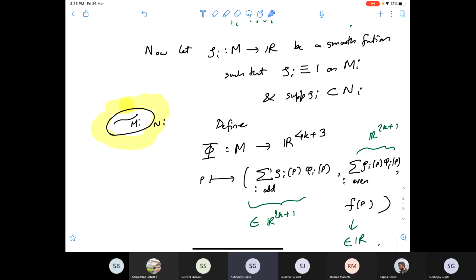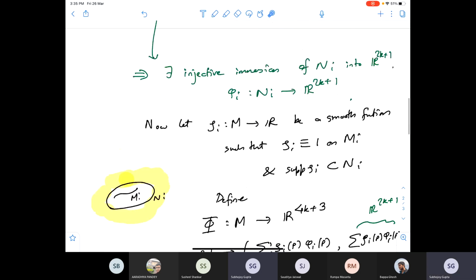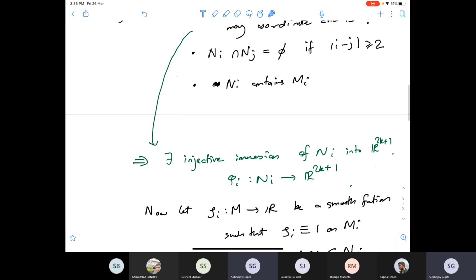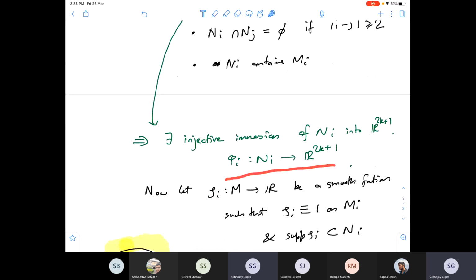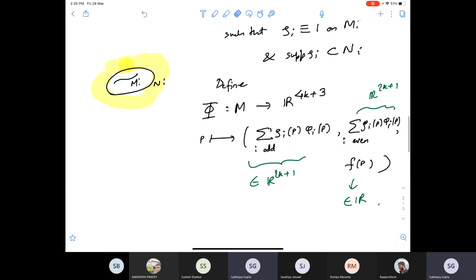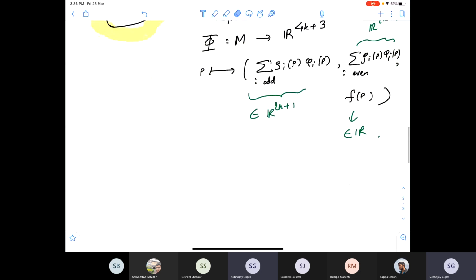So for that i, rho i of P will be non-zero, and phi i of P will be non-zero because phi i, remember, is an injective immersion. Maybe we'll need that in a little bit, but the claim is that this is the map that works.